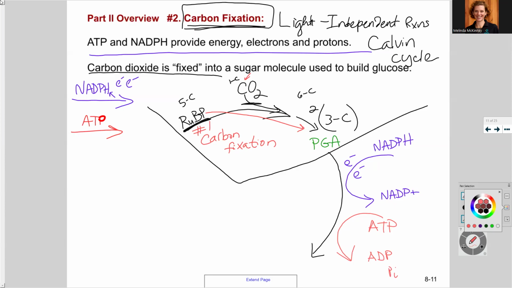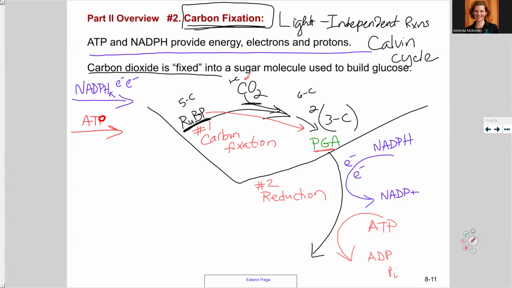So we're bringing in energy, we're bringing in electrons. This is how we are reducing the carbon molecule. So this stage is called reduction. So number 2 is reduction. Remember, reduction is gain. So oxidation and reduction involves gain. So you're gaining electrons, you're gaining energy.